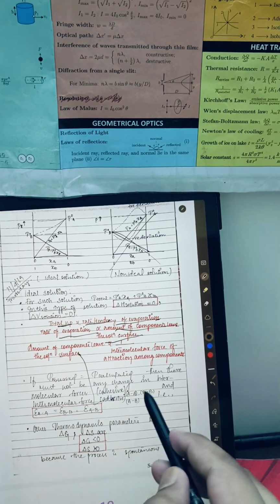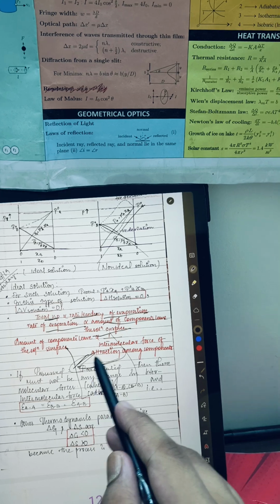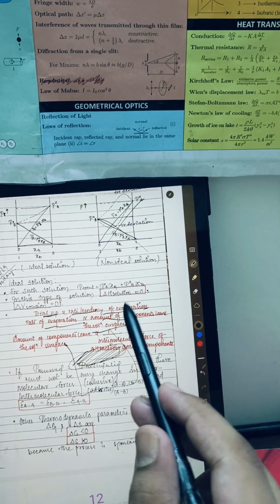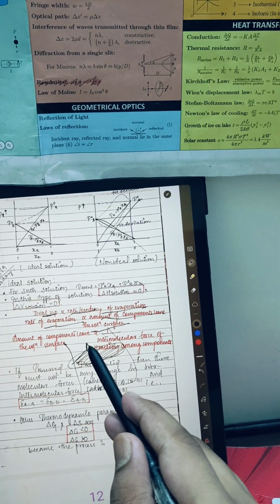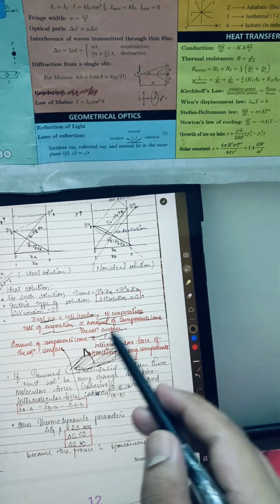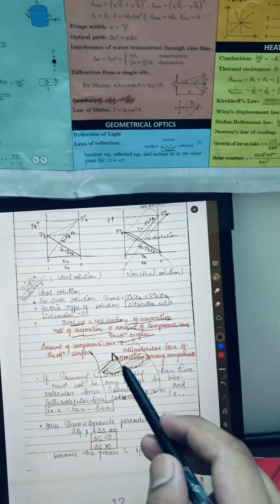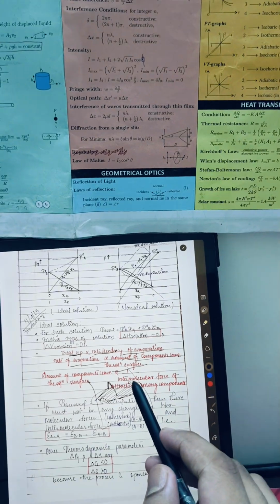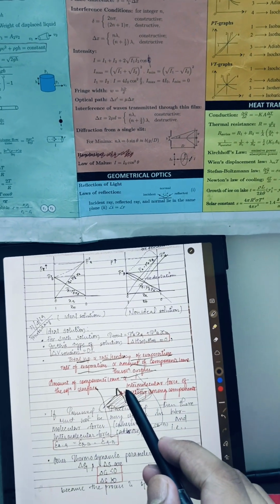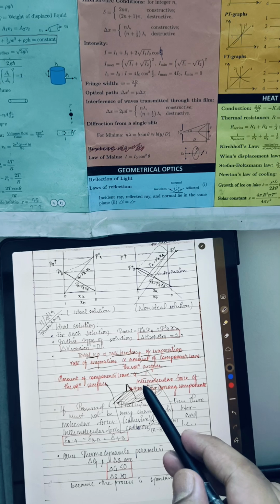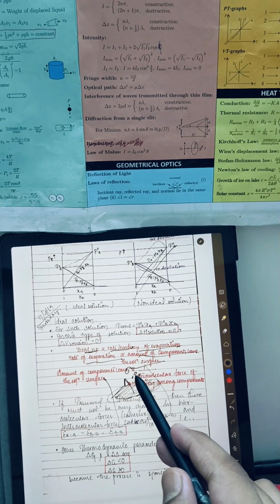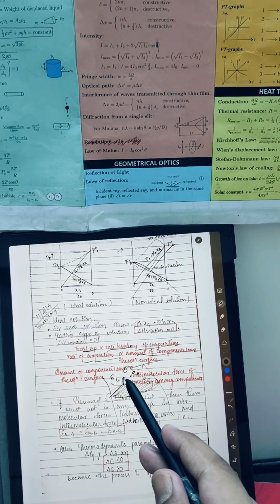If this is the solution, then the surface is where the components leave. There are two components, solute and solvent. Let's say 5 grams of solute and 5 grams of solvent have left.